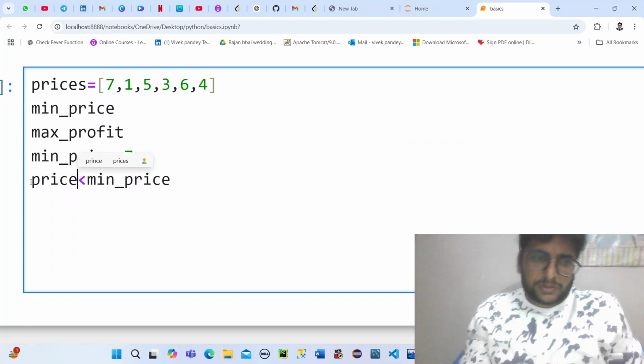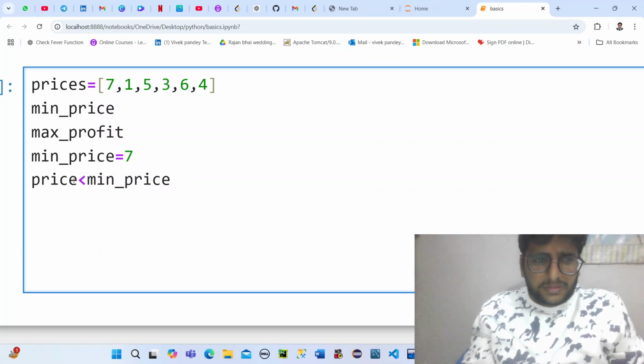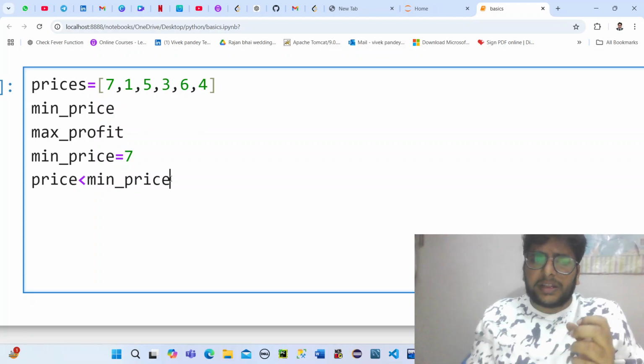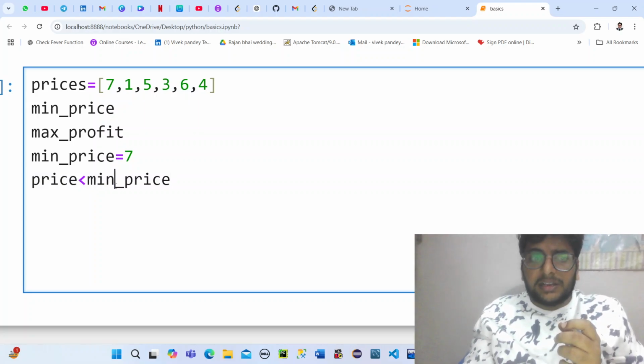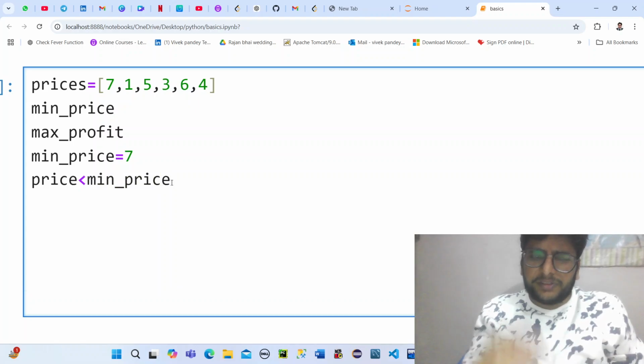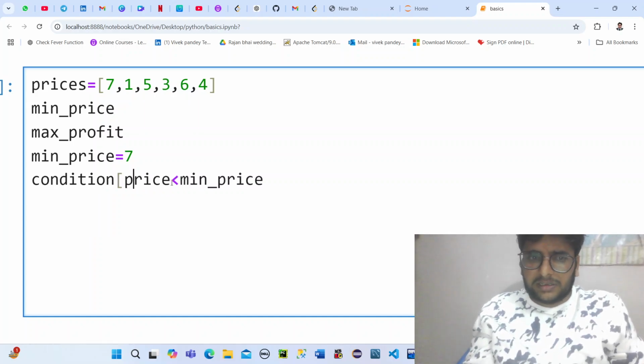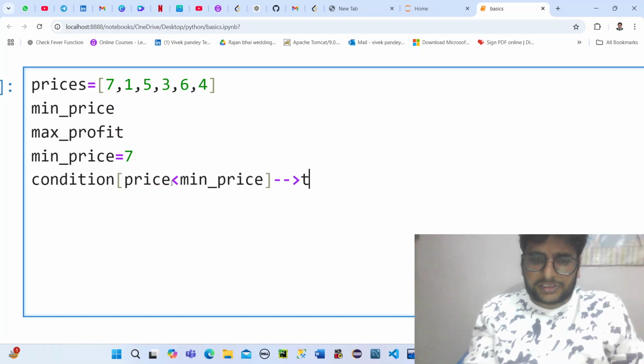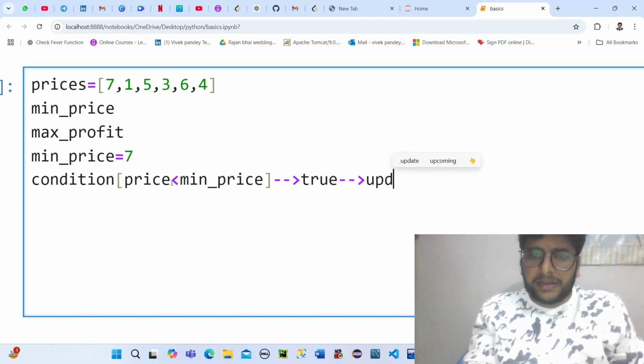Now if my price is less than minimum price, it means what? There is still a smaller minimum price, this is not the exact minimum. So this is a condition. If this condition is true, what we are doing is update the minimum price.